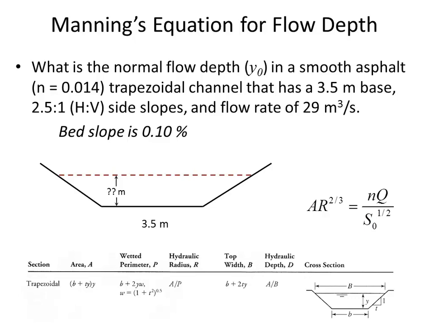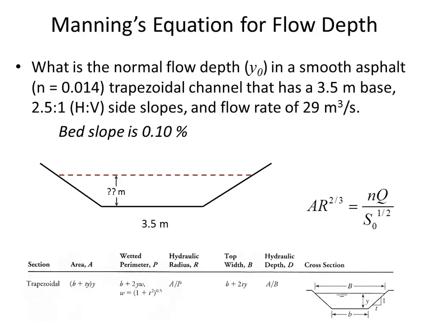One of the substitutions that I sometimes use, area times the hydraulic radius to the 2/3 power. There will be times where it's very convenient for us, instead of writing it like that, to instead write it in terms of the area to the 5/3 power and wetted perimeter to the 2/3 power.